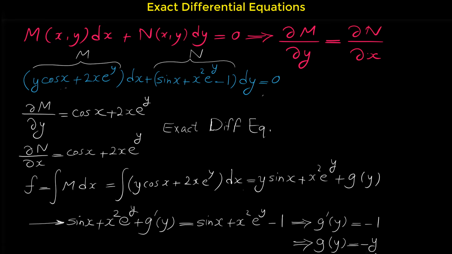Now that we know the function g is -y, if we replace g here with -y, we can write the solution of this exact differential equation as y sine of x plus x squared e to the y minus y equals a constant like c.